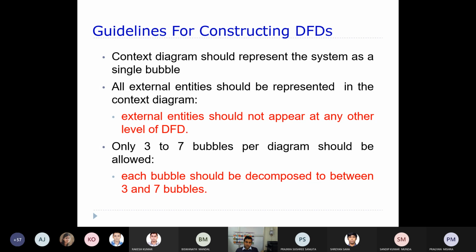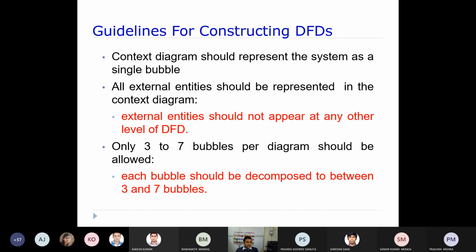As part of your context diagram, you will always see only a single bubble, where you see all the external entities. But these external entities should not appear at any other level of the DFD except the context diagram.